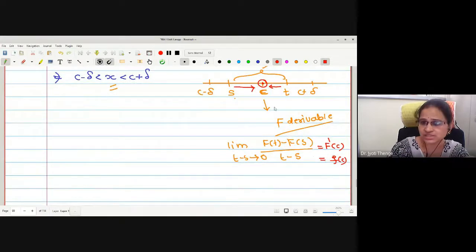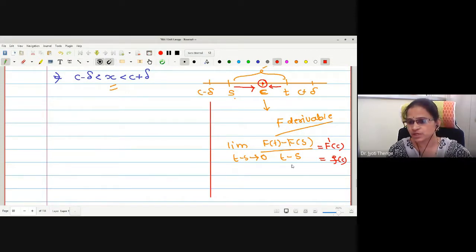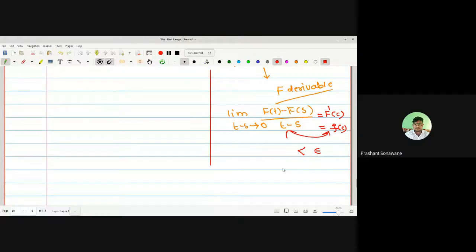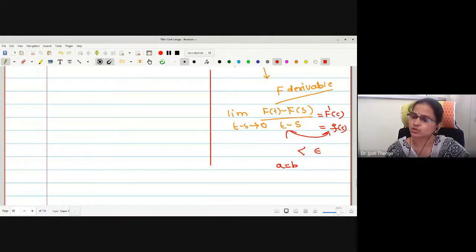Therefore, to prove this result, what we were going to consider? We were going to consider the difference between these two terms in the modulus, and we will show that the difference is less than epsilon. In analysis, whenever I wanted to show any a is equal to b, what method we were adopting?